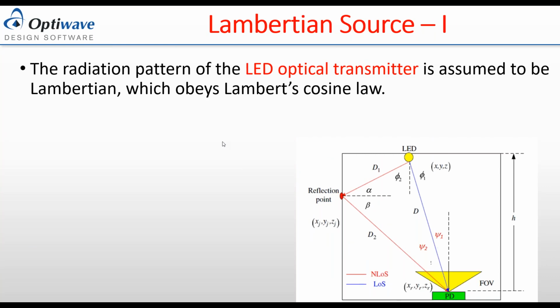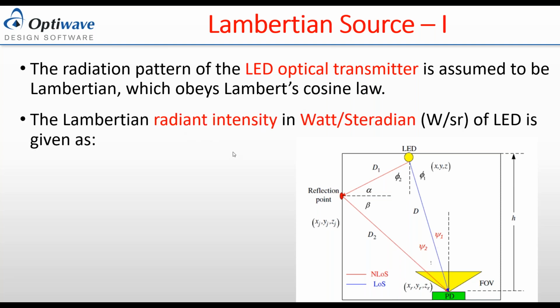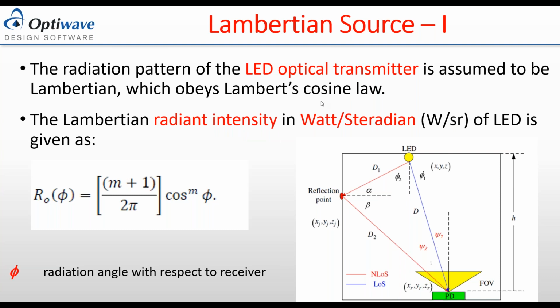In this figure also, we talk about the sources, which we consider Lambertian sources. A Lambertian source is a source that obeys Lambert's cosine law. With the radiation intensity in watts per steradian, W/sr, the radiation intensity obeys Lambert's cosine law, which is given by this formula here.